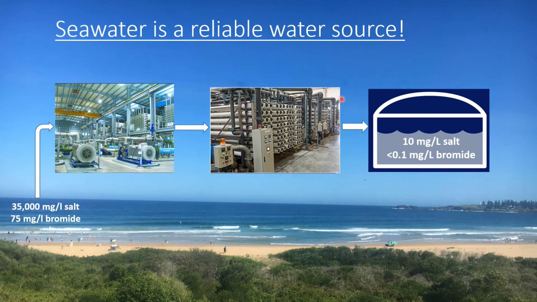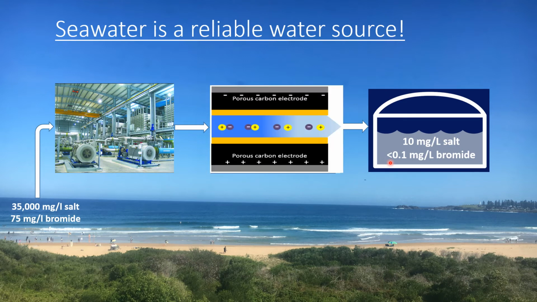The second pass reduces your TDS concentration significantly, to 10 milligram per liter, with 0.1 milligram per liter of bromide concentration. We utilize this second pass to remove bromide to less than 100 microgram per liter.